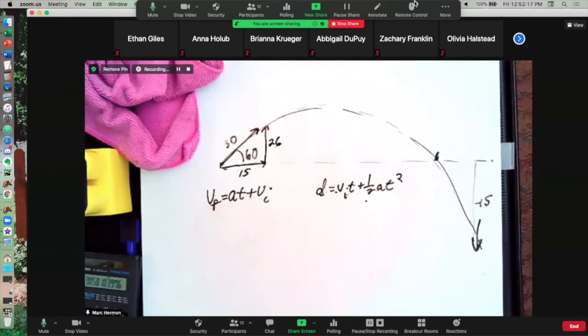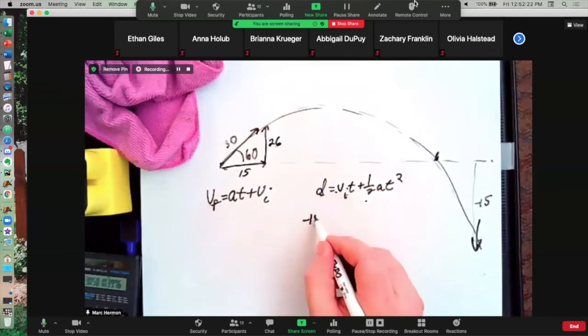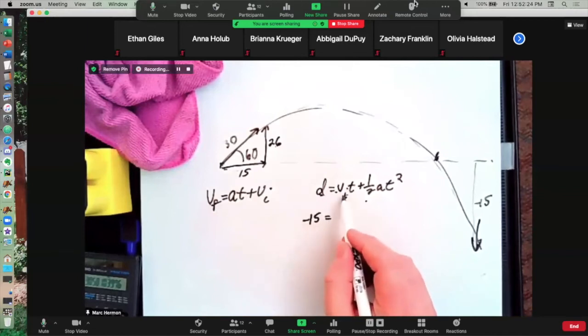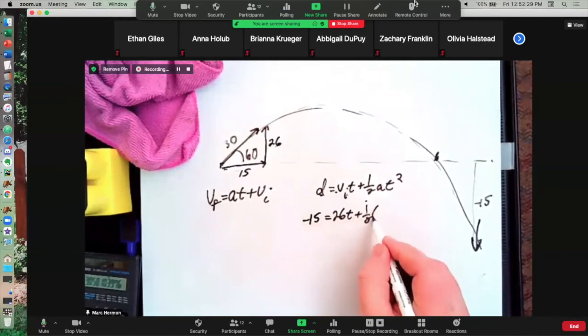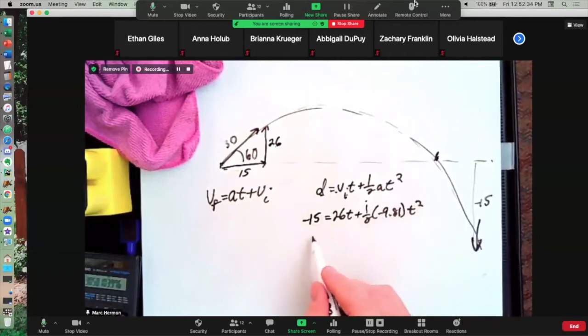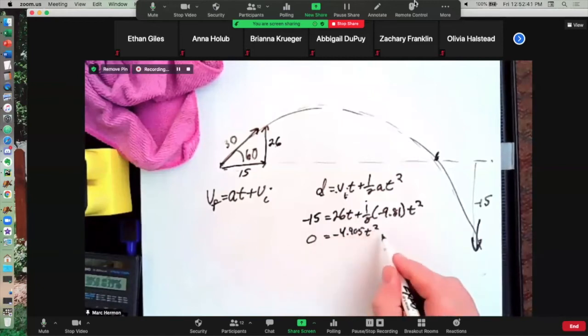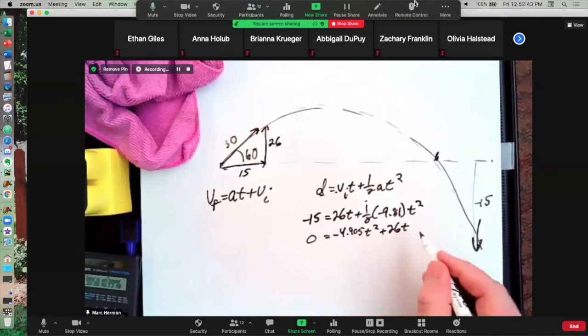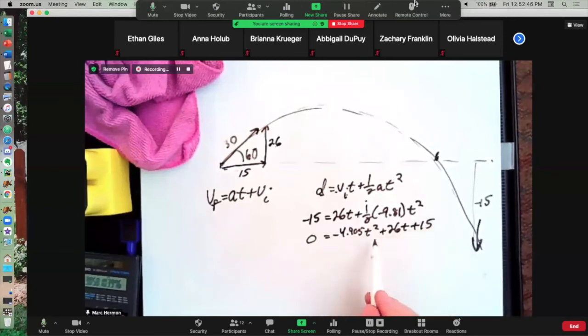Okay, so what we have been doing in the past is we're going to use this. We're going to put in negative 15 equals initial velocity 26t plus 1/2 negative 9.81 times t squared. And then we set it to 0, and we'd have negative 4.905 t squared plus 26t plus 15, and you have ax squared plus bx plus c, right? So you have an a, a b, and a c.